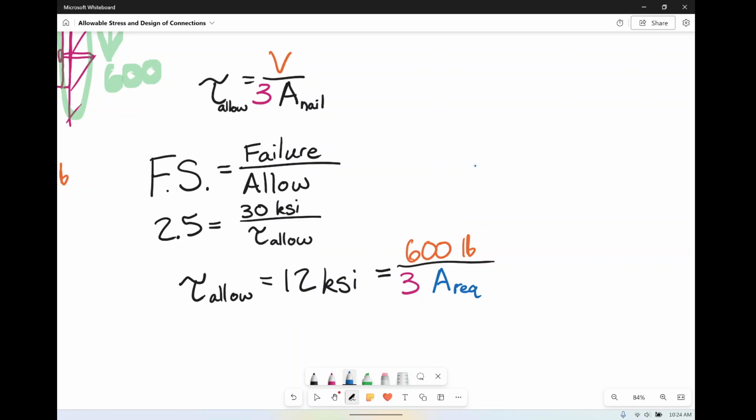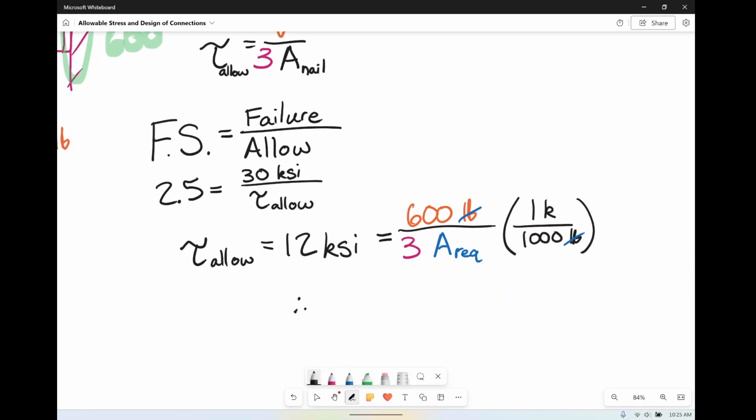So here's the problem. You're looking at your units. If you're actually paying attention to them, you cannot just start multiplying and dividing and go in every which direction, because one of them is in kips per square inch and one of them is in pounds. So before we get too far, let's change our units. We have 1 kip is 1,000 pounds. So what that's going to do for me is cancel these pounds. Now both sides are in kips. So I'm going to get my area then in square inches.